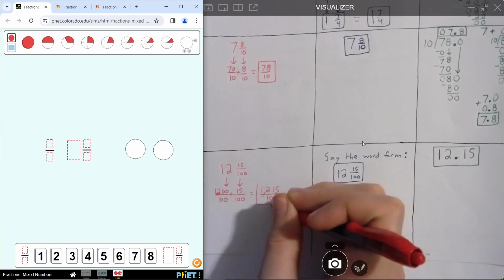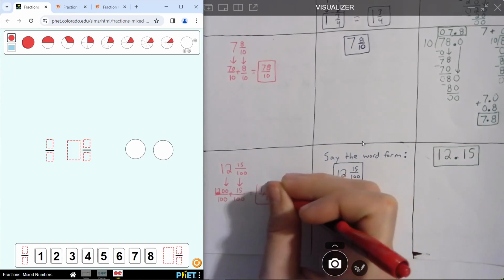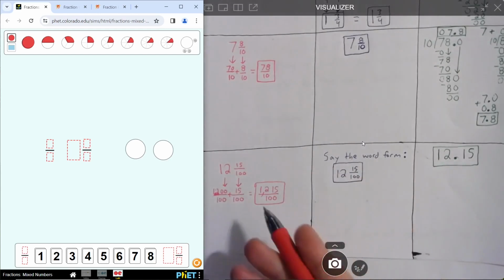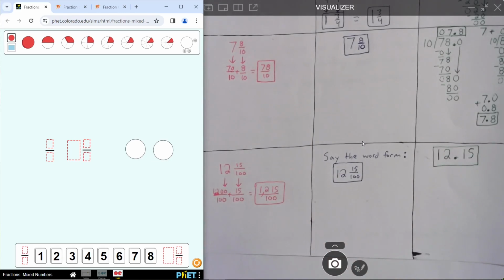Now, like I said, if you already know how to simplify before this video, then you can simplify before or after when you're dealing with dividing by 5, and then just make sure for this part that you would be turning your whole number of 12 into whatever you needed to add to the denominator that you had there.